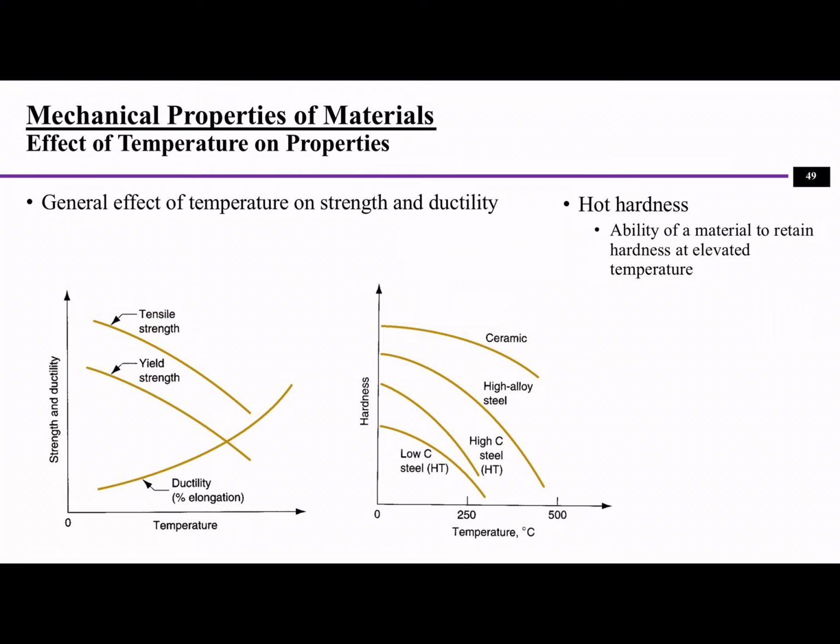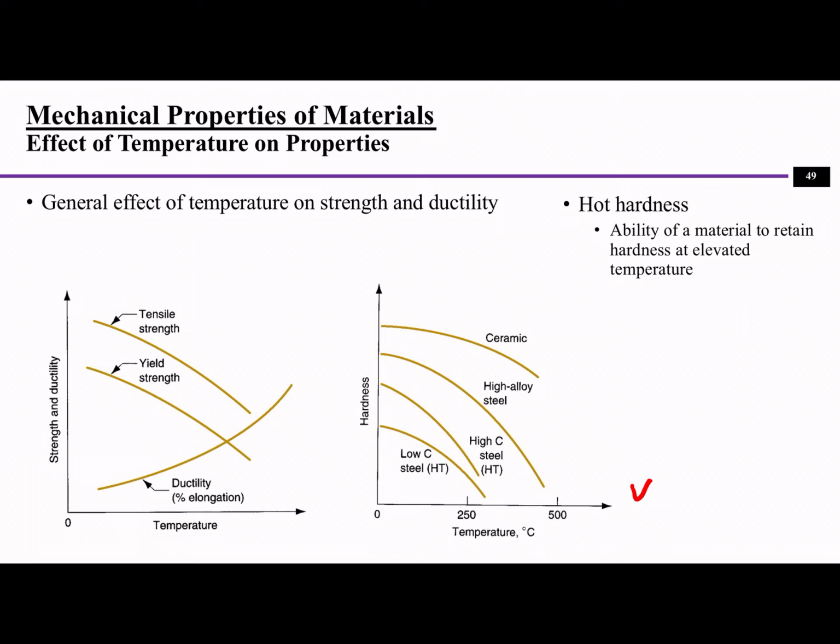And the effect of temperature on properties. Temperature has some effect on the mechanical properties of materials. If the temperature increases, usually the tensile strength and also the yield strength will decrease. And also the hardness will decrease as well, but the elongation or the ductility will increase.